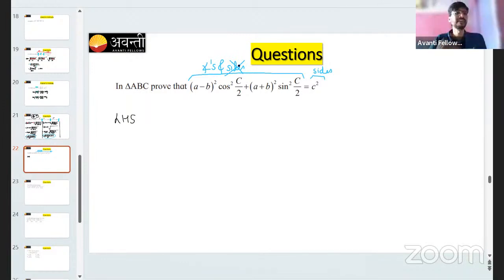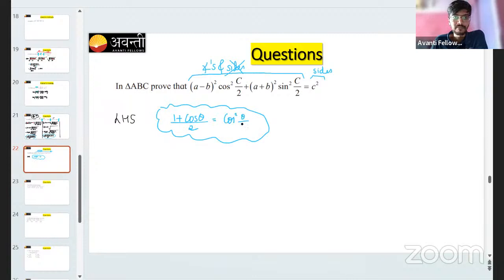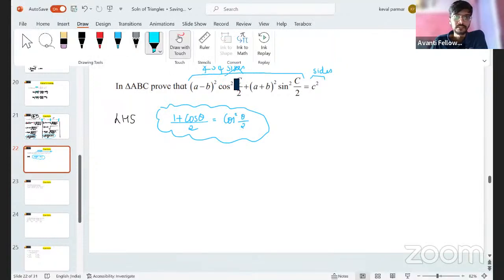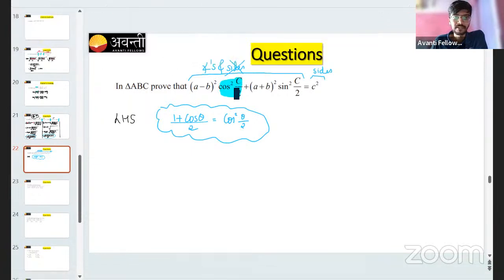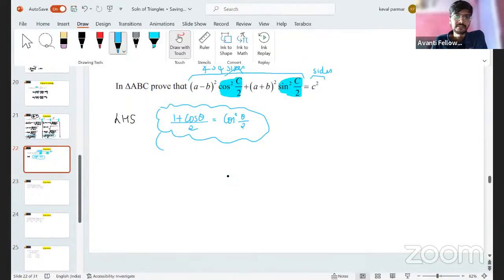I just use the half angle for cos. Do you remember half angle for cos? What was half angle plus for cos? 1 plus cos theta by 2 is equal to cos square theta by 2. So that means here, in place of cos square C by 2 and in place of sine square C by 2. What was it for sine square C by 2?